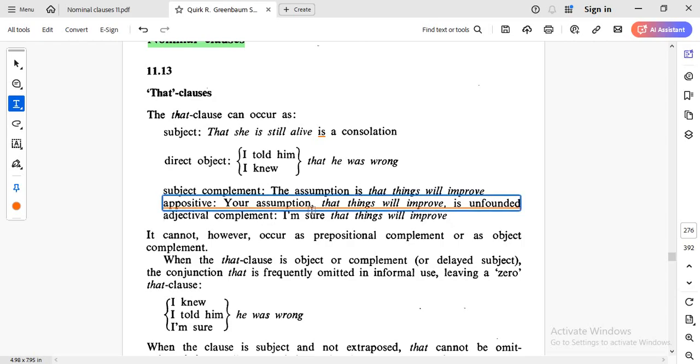Usually we recognize it because it comes after the subject and is written between two commas. Is is the verb to be, the main verb, and unfounded is an adjective which functions as a subject complement of the sentence.